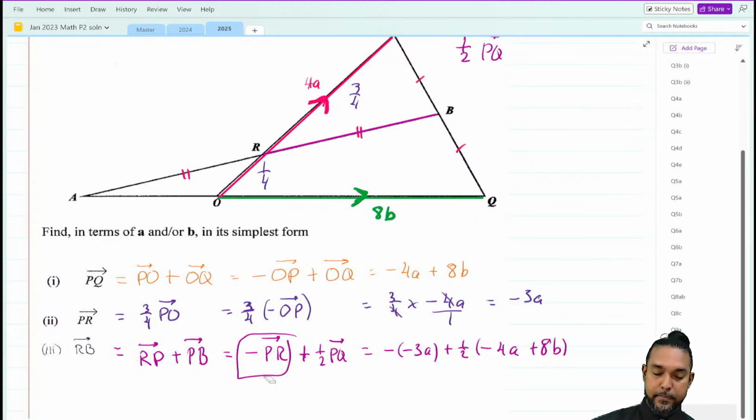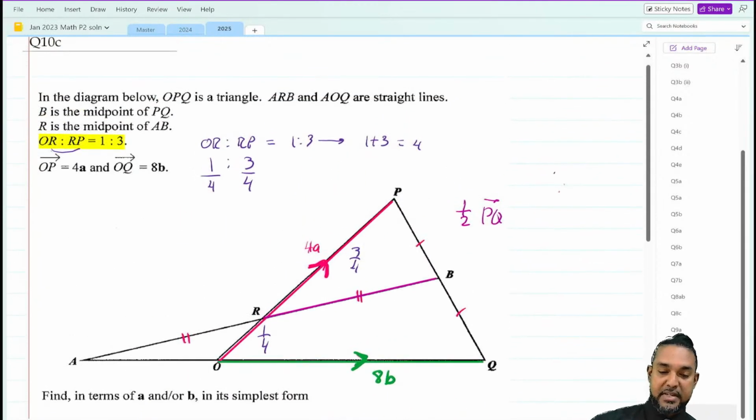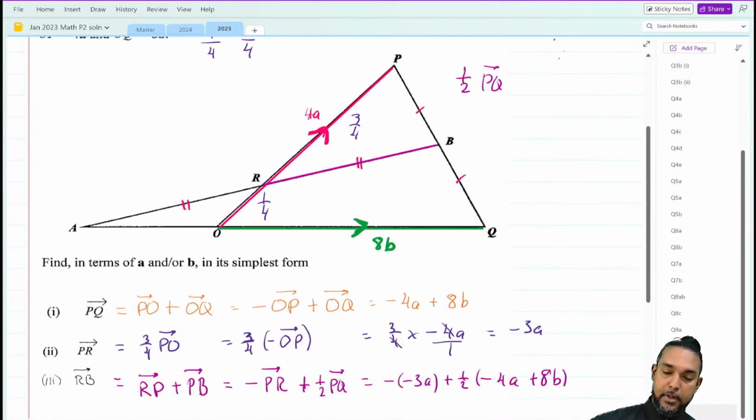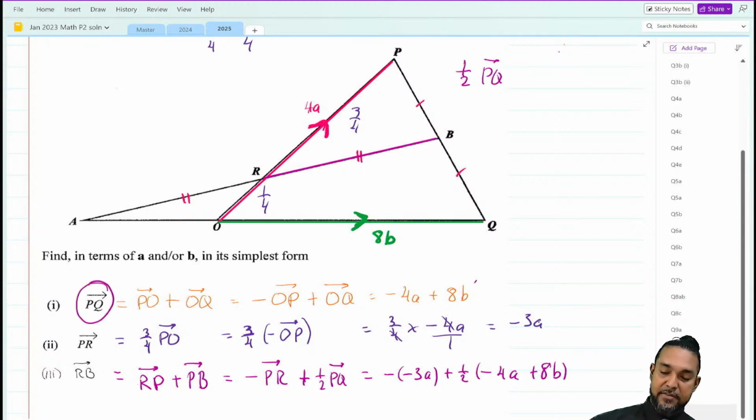And then PB, to go from P to B. Because it told us that B is the midpoint of PQ, which means that to go from P to B is moving halfway along the whole vector PQ. So that's why I put that PB is a half of PQ. And in part one, we have PQ as minus 4A plus 8B.